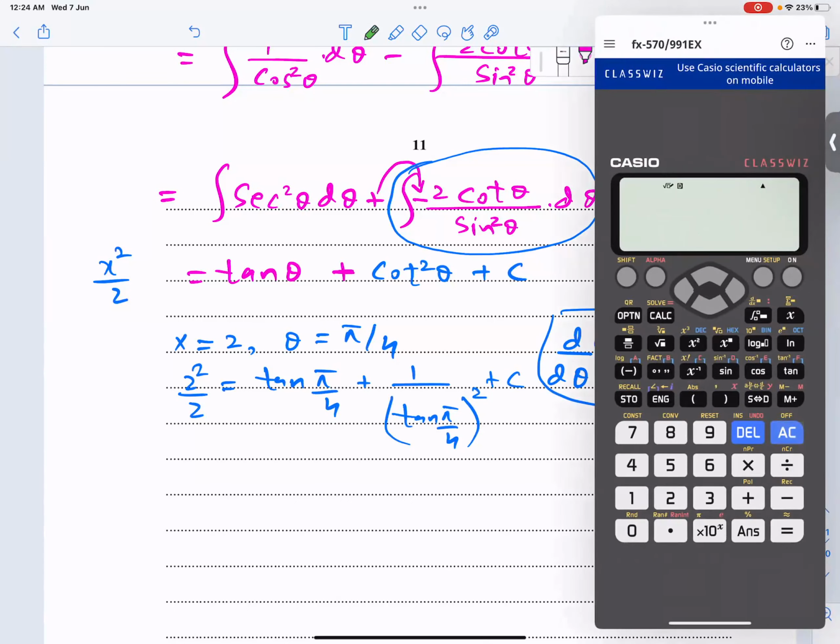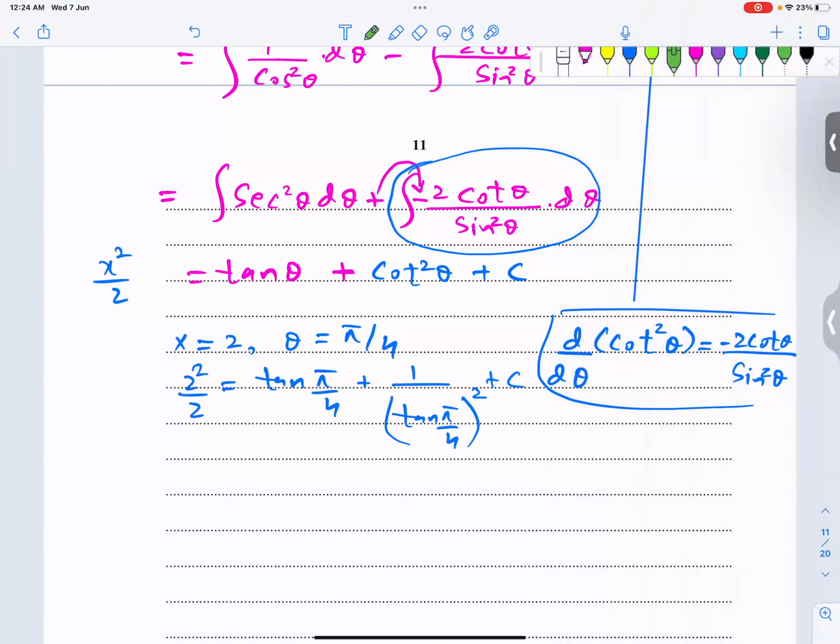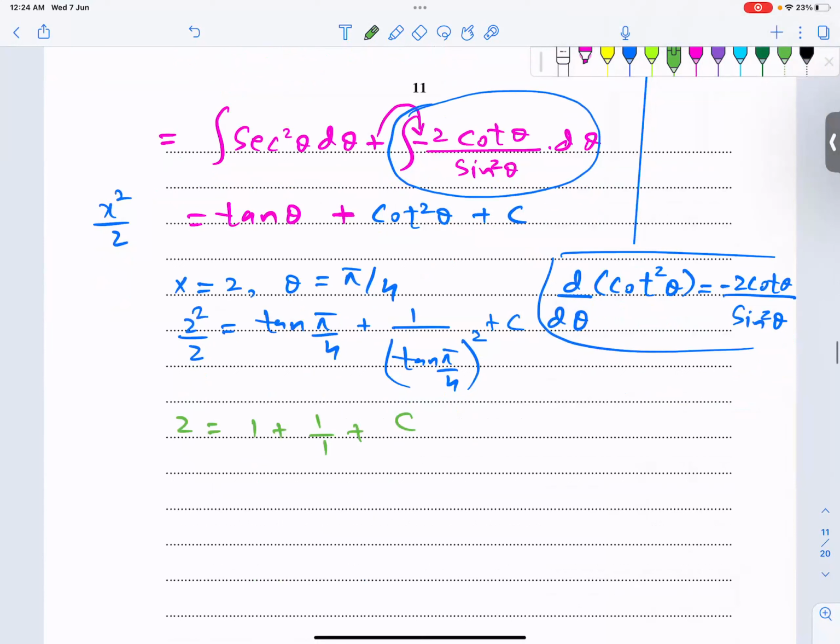Tangent of pi divided by 4 will be 1. So the right side will be 2 is equal to 1 plus 1 over 1 plus c. So 1 plus 1 is 2, 2 is equal to 2 plus c. So it means c is equal to 0.